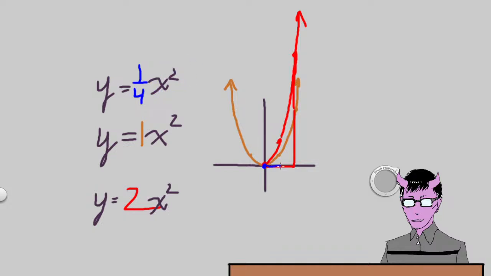But if the x value is 1, for example, 1 squared is 1, but now we reduce it by times a fourth, so it just ends up being a very tiny value, 1/4. Instead of being a 2 to 4 movement, it's going to be a 2 to 4 movement times 1/4. So this collapses from a 2 back down to a 1. So this is referred to as a vertical compression.